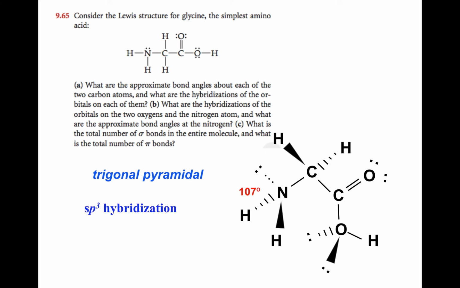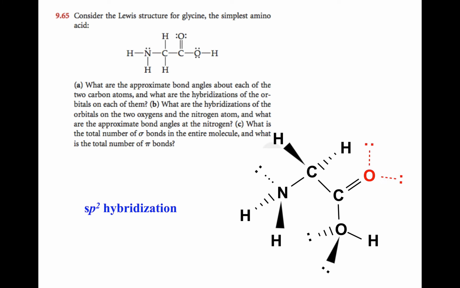Looking at oxygen number 1 on the top there, I've got a double bond. Well, it's only got to be sp2 hybridization. Oxygen can only bond to two things, so if you get a sigma bond and a pi bond, that's it for oxygen. It's sp2 hybridization.